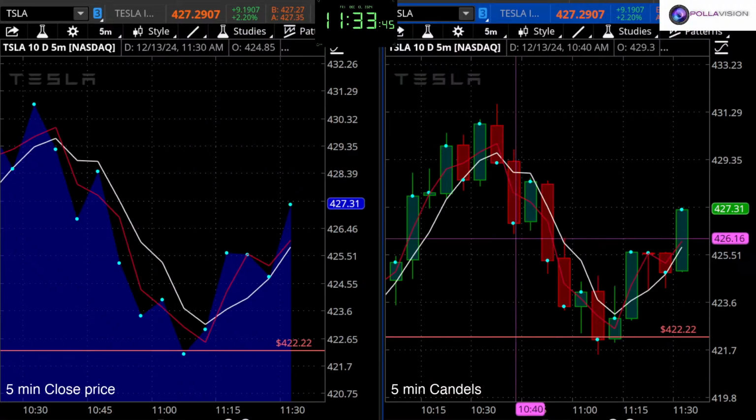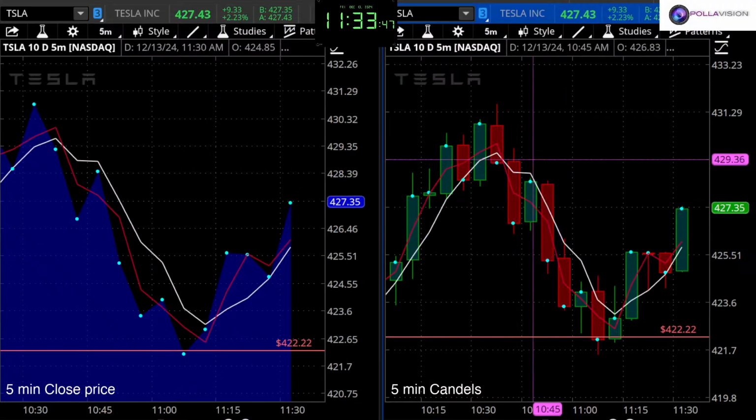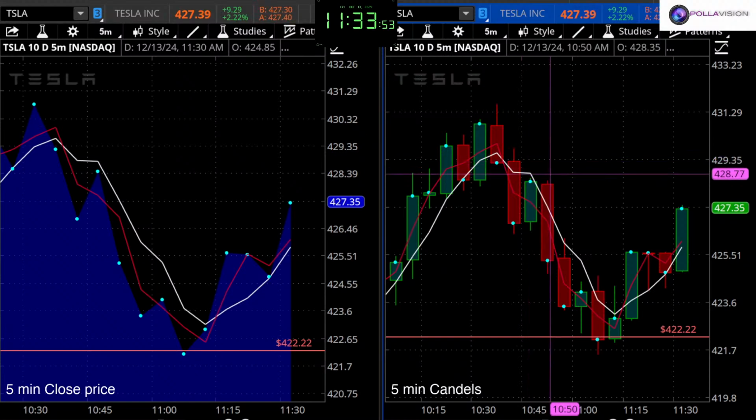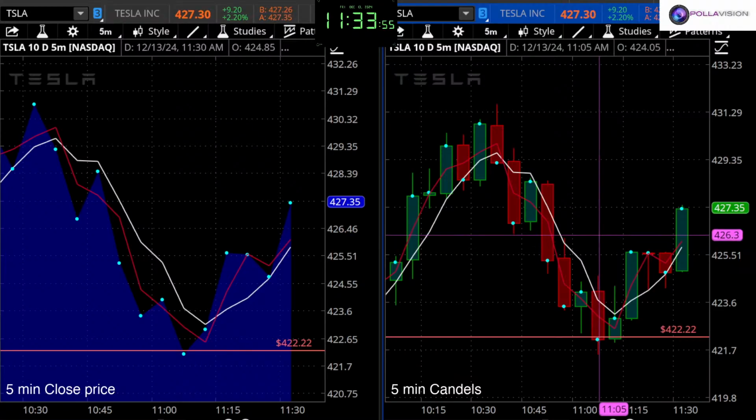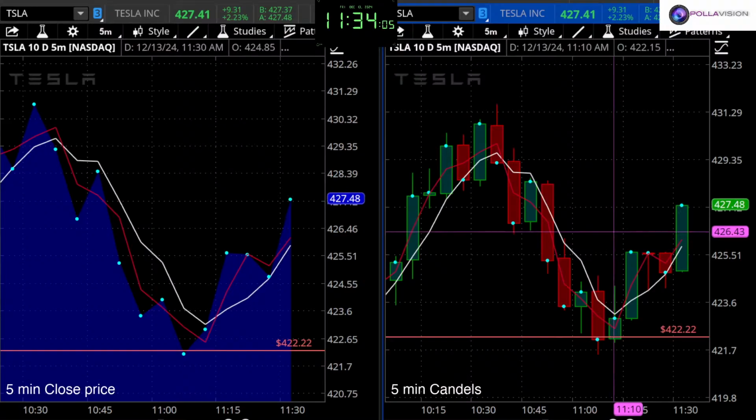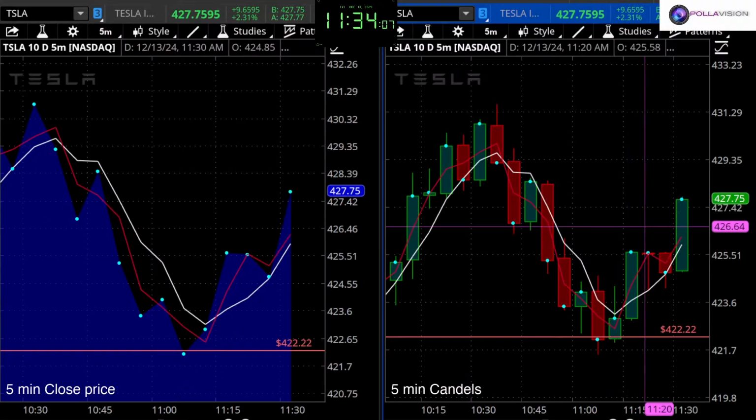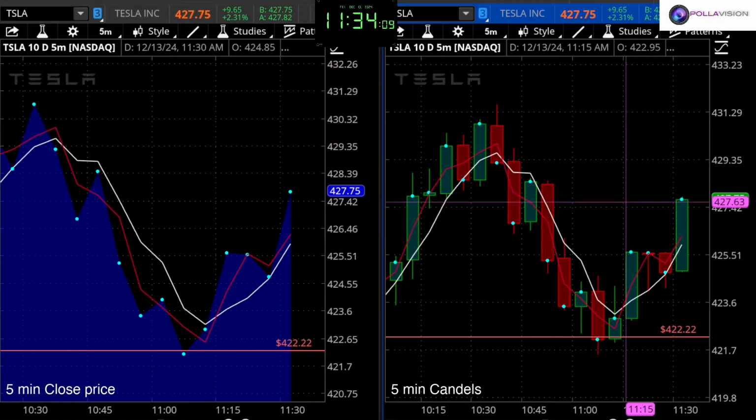Closed way down, corrected to the 4 right here, and closed way below the 4. And then right here, we closed down at that one point of support that I told you, which was based on my 1-hour chart. And then we closed just below the 4, above, at, and way above.